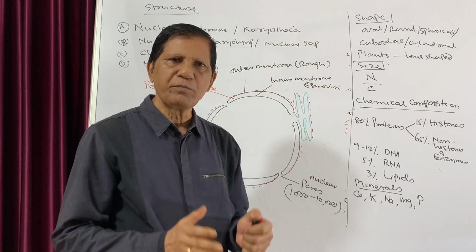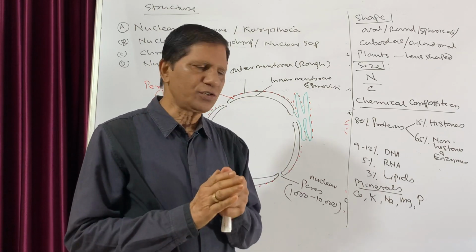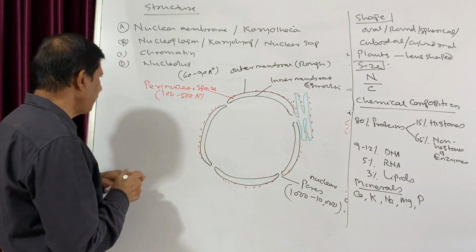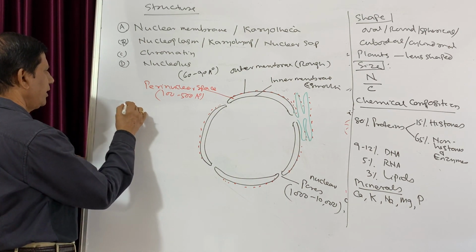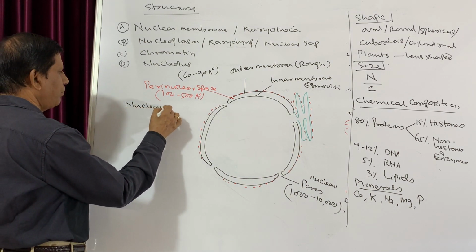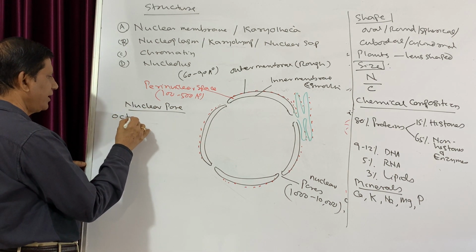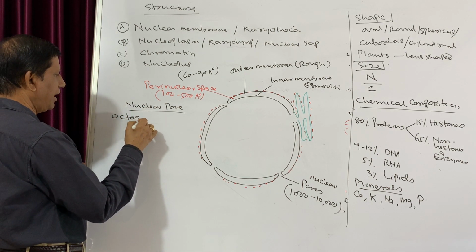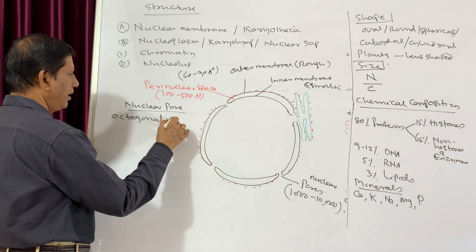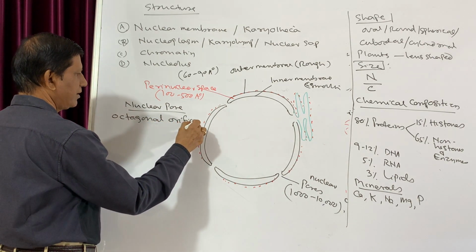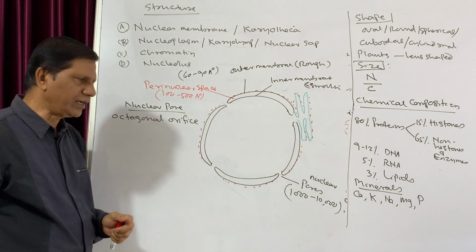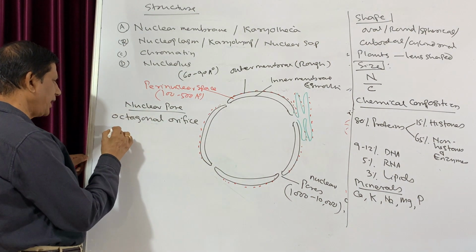But the latest view is that the structure of the nuclear pore is an octagonal orifice. That means it consists of two rings.